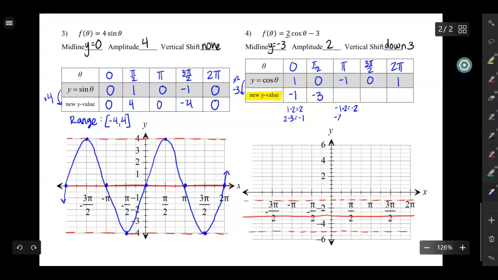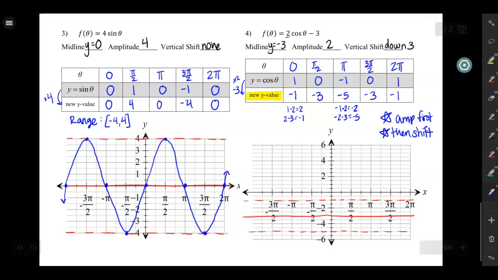And then I've got to subtract 3 to account for the vertical shift down, so I'll get -5. When I do 0, I'm going to get the same -3 that I got when I transformed the 0 before. And then this 1 is the same as the first one, so I'm going to get -1 again. So remember, amplitude first, then shift.